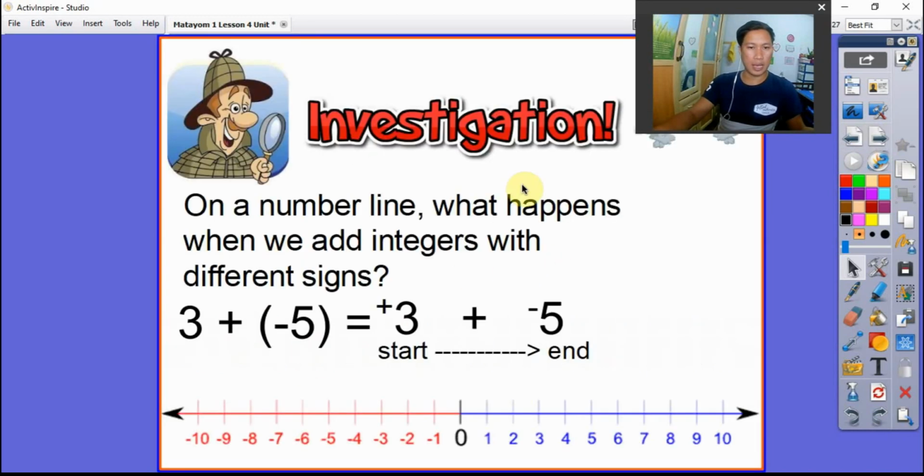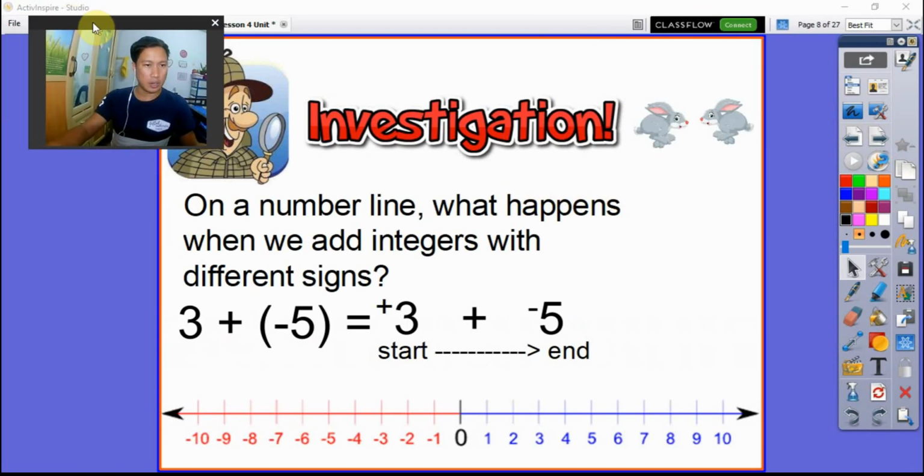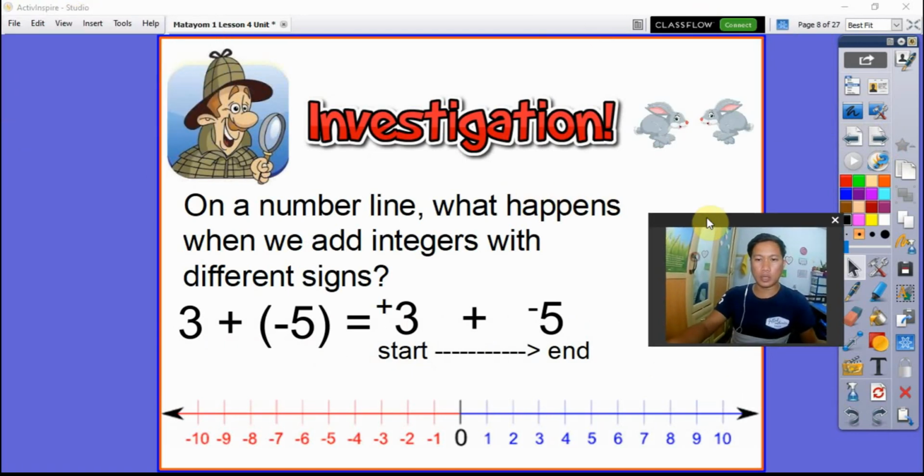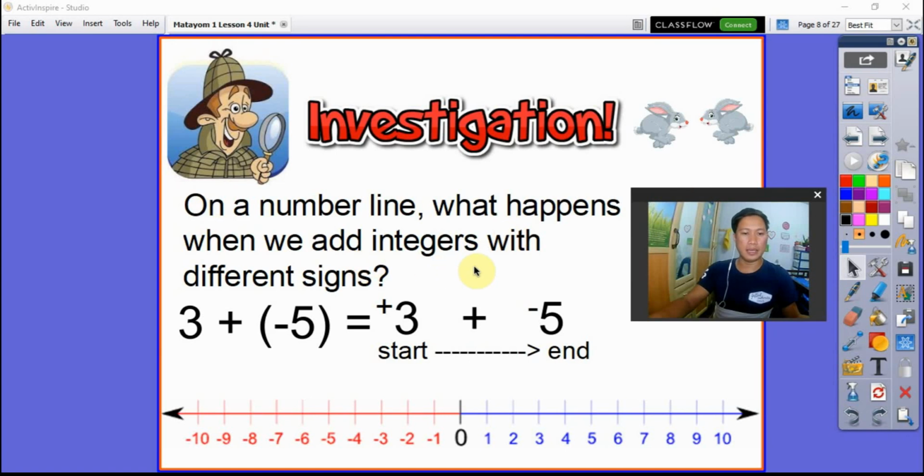Okay, and we have another investigation of what will happen when we add integers with different signs. Again, last week we learned about adding integers with the same sign. Now we're going to find out what will happen if we add integers with different signs.